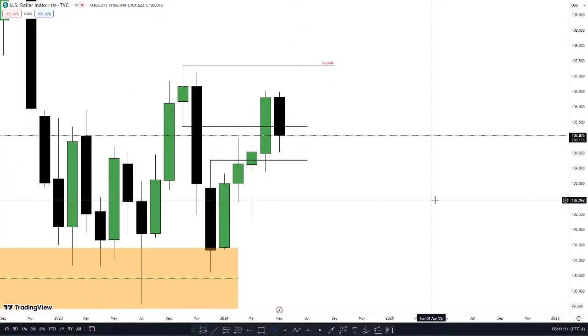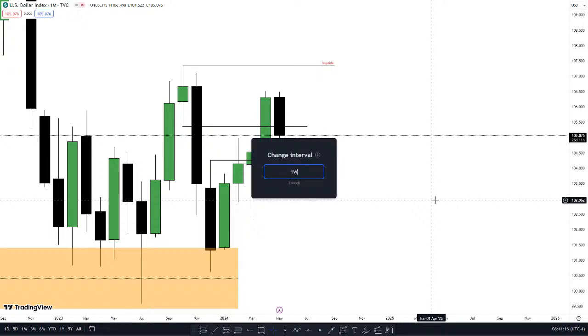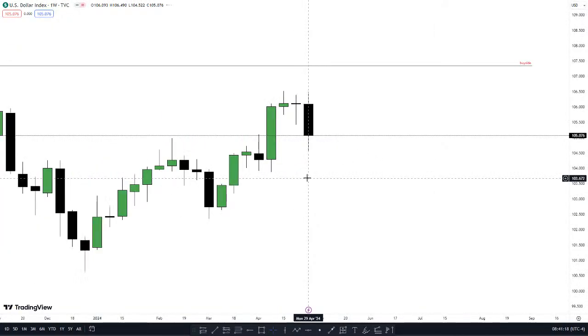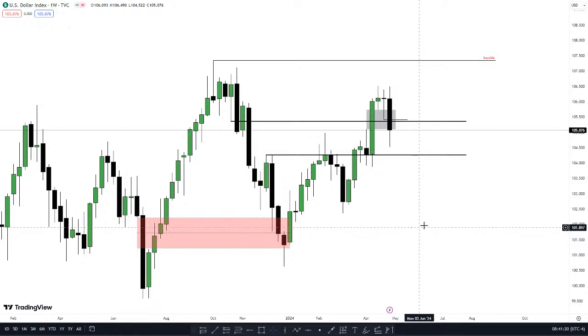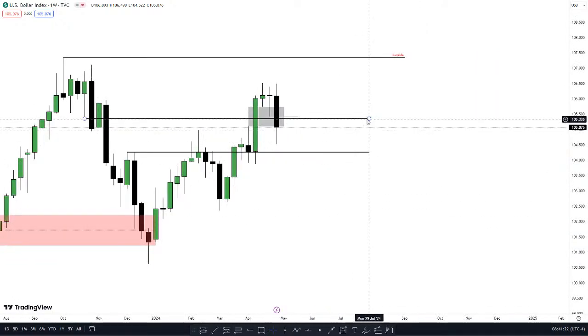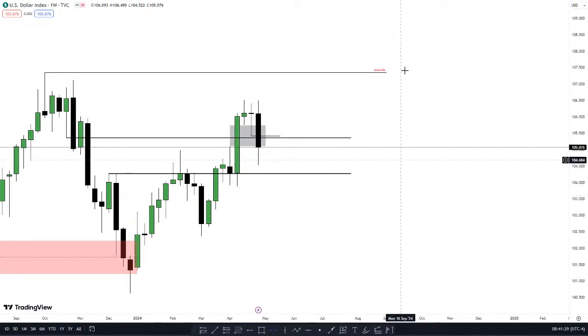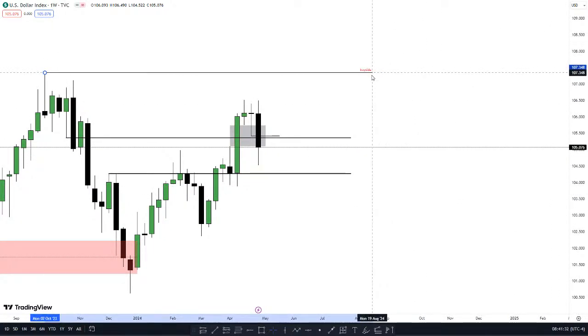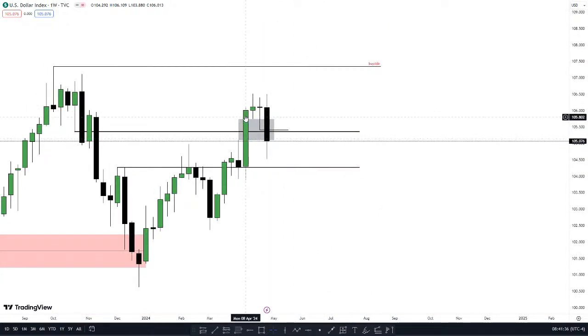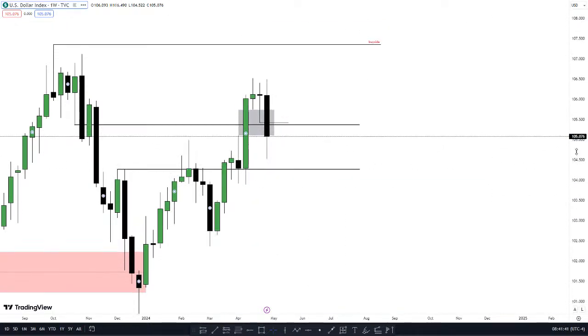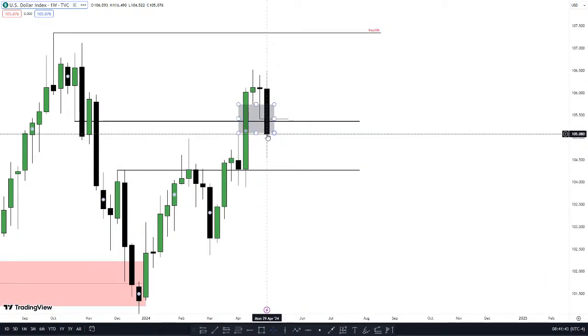Monthly chart is not as clear, so I'll drop down to the weekly chart. The weekly is going to be a little bit clearer. So this inversion right here on the monthly got respected quite nicely. We are still currently trading at that inversion. So we have this weekly fair value gap. Yes, we did close below the inversion.